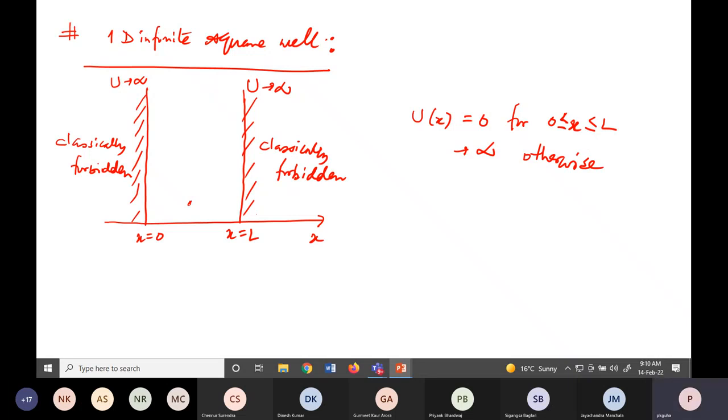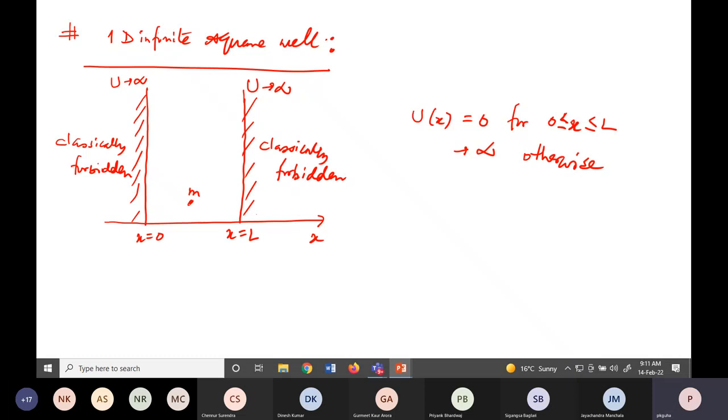Now the particle has mass m, and it is completely free except at the ends x equal to 0 and x equal to L, where there is infinite force to prevent it from escaping. We can also write the wave function associated with the particle.